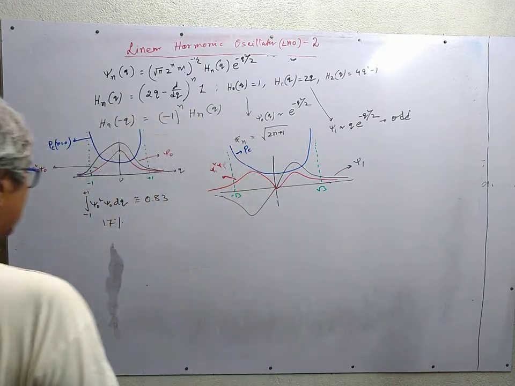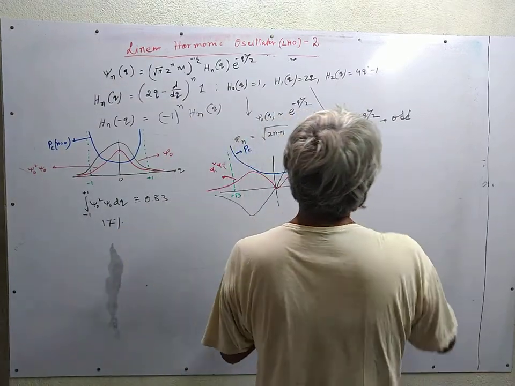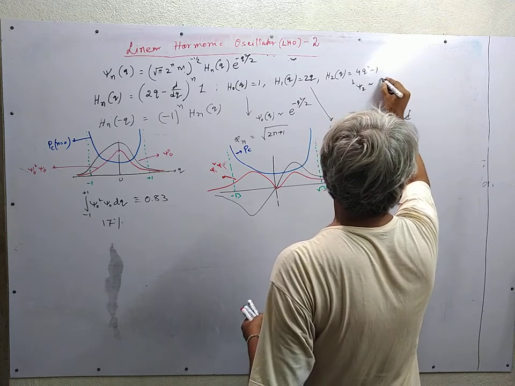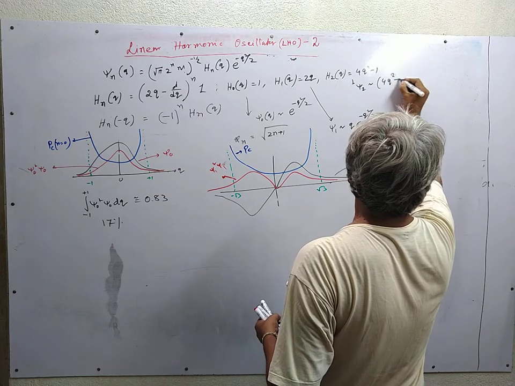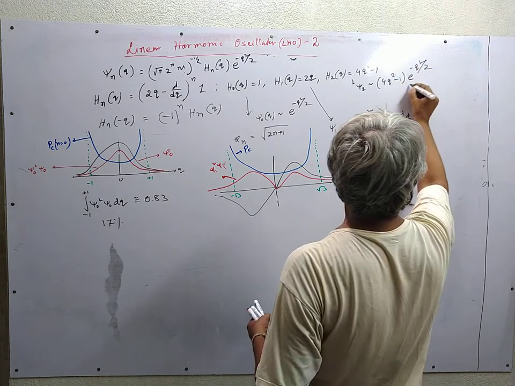And if we consider the next state, the second excited state, it is phi 2, and you see that this is even.